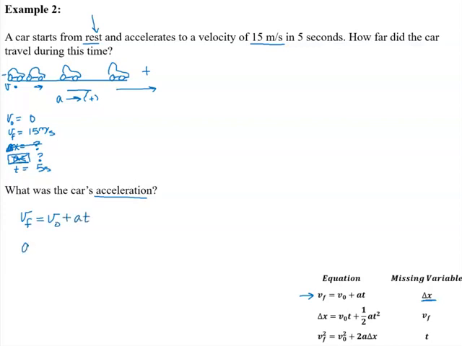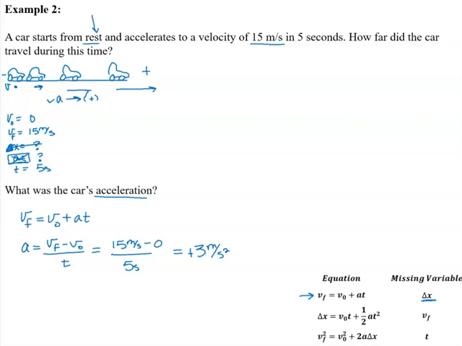Solving it for acceleration, we can plug in our numbers. And we have an acceleration of 3 meters per second per second. And this is a positive acceleration, which does fit with our picture.